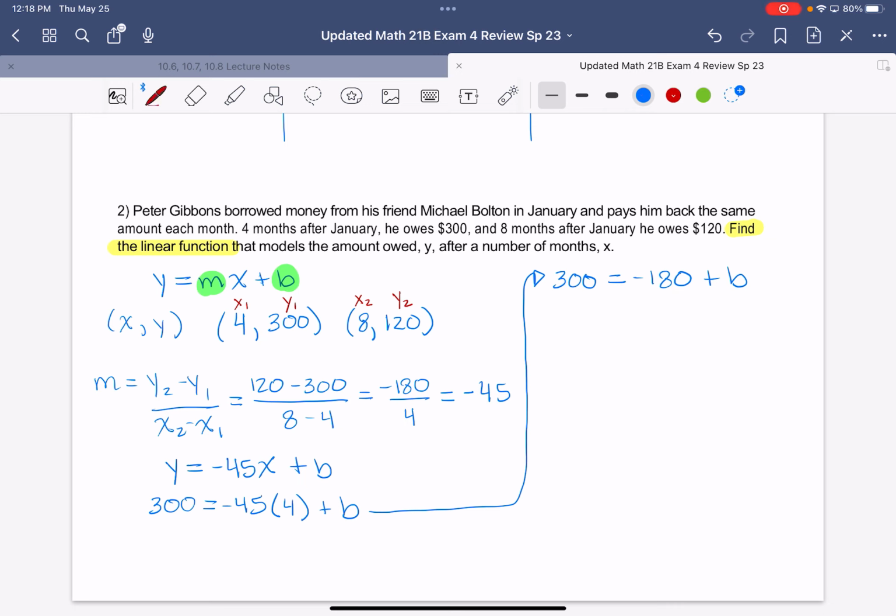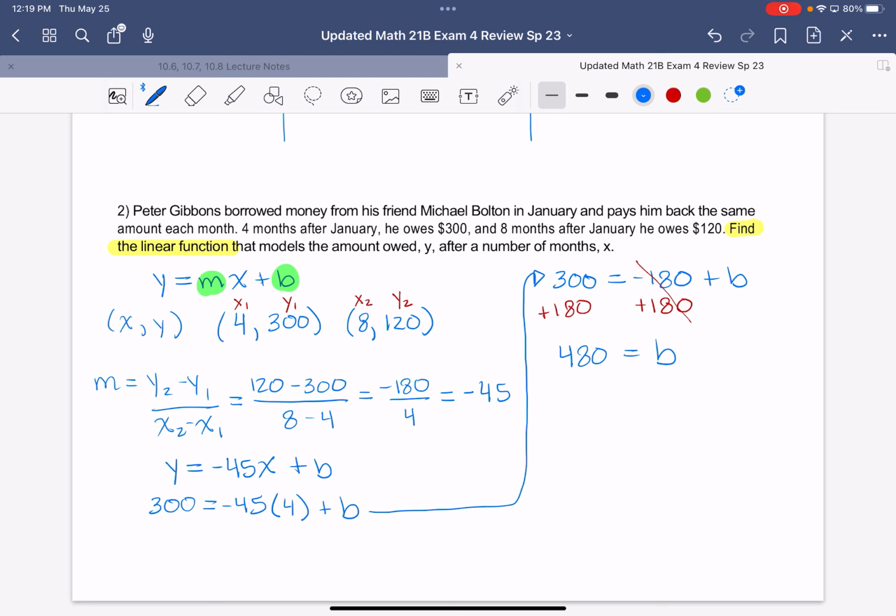Remember, our goal is to solve for b. To get b alone, I have to get rid of this negative 180, and we do so by adding 180 to both sides of the equation, so that the 180s cancel. You're left with 480 equals b.